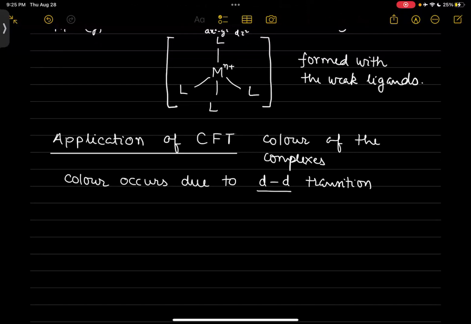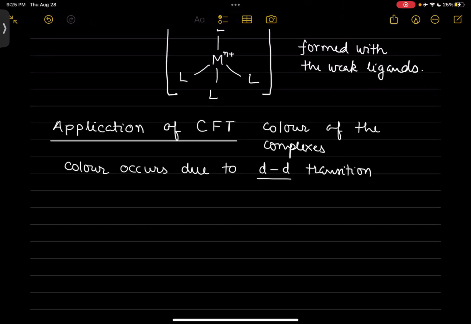Okay, actually the electrons absorb the energy and move from lower energy d orbital to higher energy d orbital temporarily. And when that happens, they absorb certain colors. So whatever the colors are absorbed, they are not visible to us. The colors which are complementary to them are visible. So first and foremost, in most cases the colors are due to DD transition.